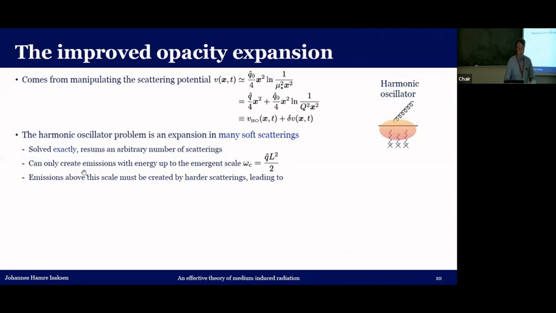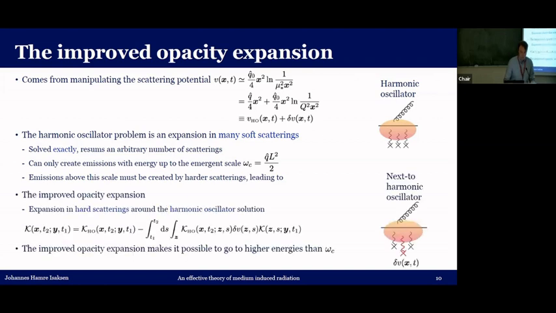However, it can only create emissions up to an energy scale omega c, where you have the q hat and L squared. So if you want emissions with energy above this scale, then you need to include harder scatterings, and that leads us to the improved opacity expansion, which is an expansion in hard scattering around the harmonic oscillator solution.